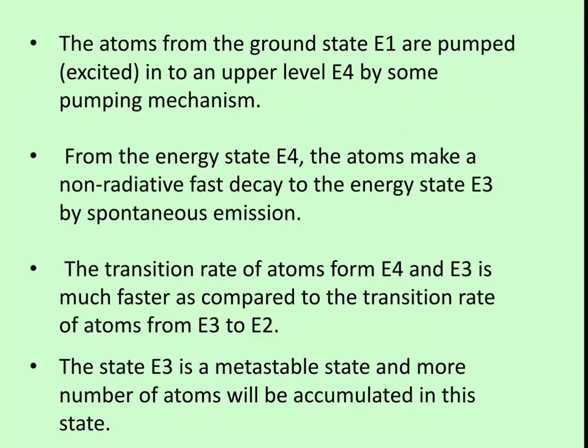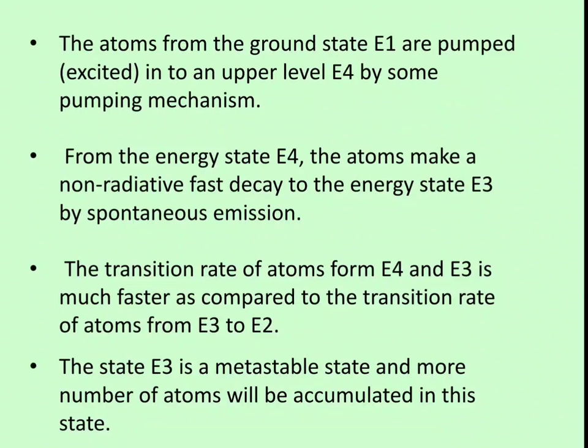The atoms from the ground state E1 are pumped into the upper level E4 directly by some pumping mechanism, whereas at energy level E4 the atom's lifetime is very small. Due to that, they spontaneously jump from E4 to the E3 level. Already we discussed that due to spontaneous emission there is a non-radiative transition. That means normal light is emitted in this transition from E4 to E3.